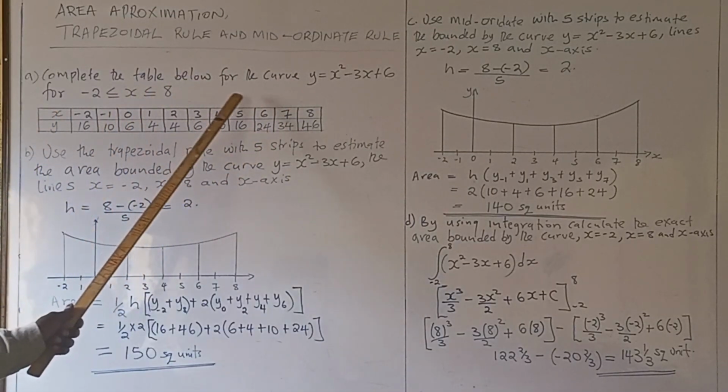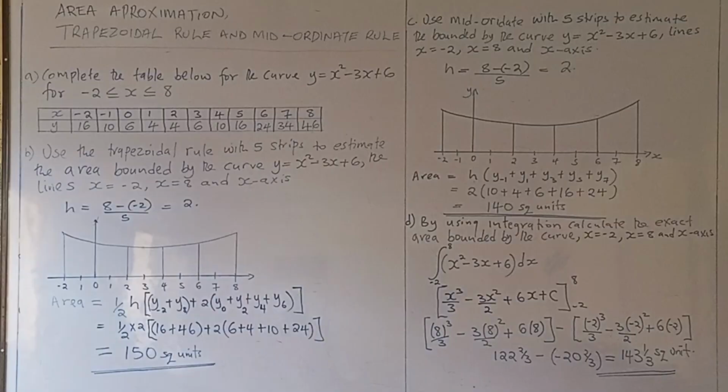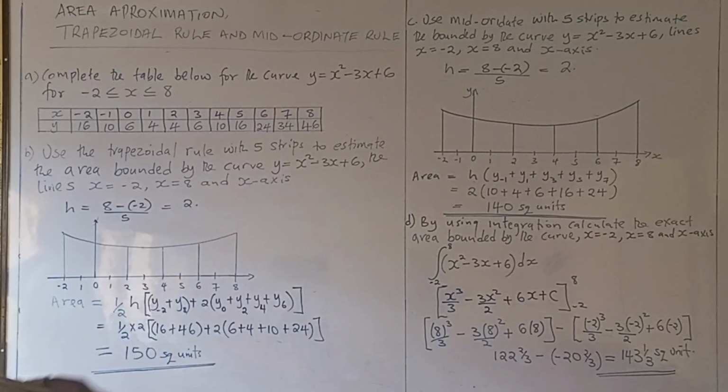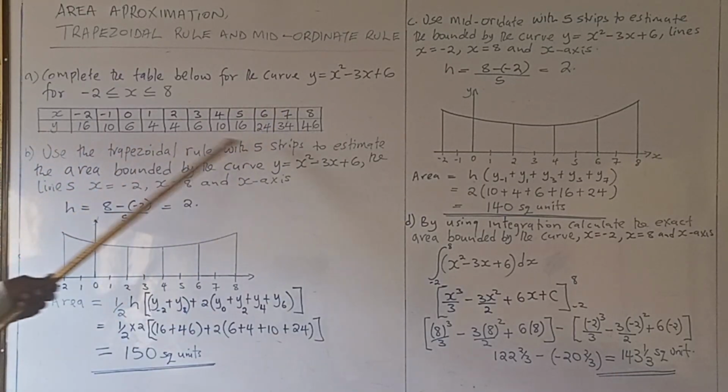Complete the table below for the curve y is equal to x squared minus 3x plus 6 for x greater than or equal to negative 2 and x less than or equal to 8. So you draw a table where you have negative 2, negative 1, 0, 1, 2, 3, 4, 5, 6, 7, 8. And you calculate the values of y.